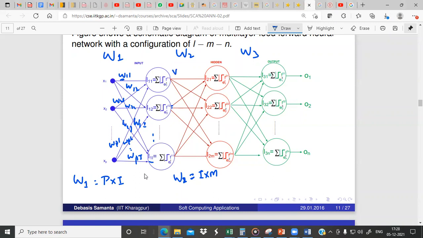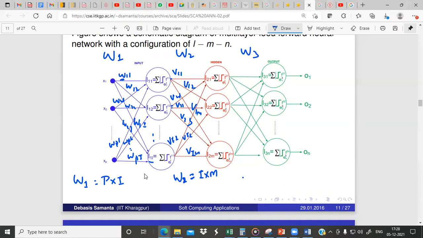Here we can call it V11, from this to this the weight is V11. This we can call V12, this V1M, then V21, V22, V2M, and this weight VI1, VI2, VIM.